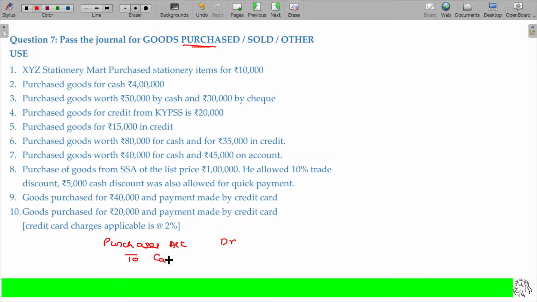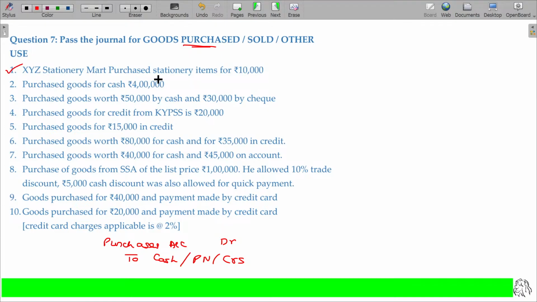To cash. If cash is not immediately paid, then the party's name will be recorded. If the party's name is absent, then automatically what happens? The creditor term is used. Clear? This is the comprehensive illustration. Very simple. Now, question number 1.